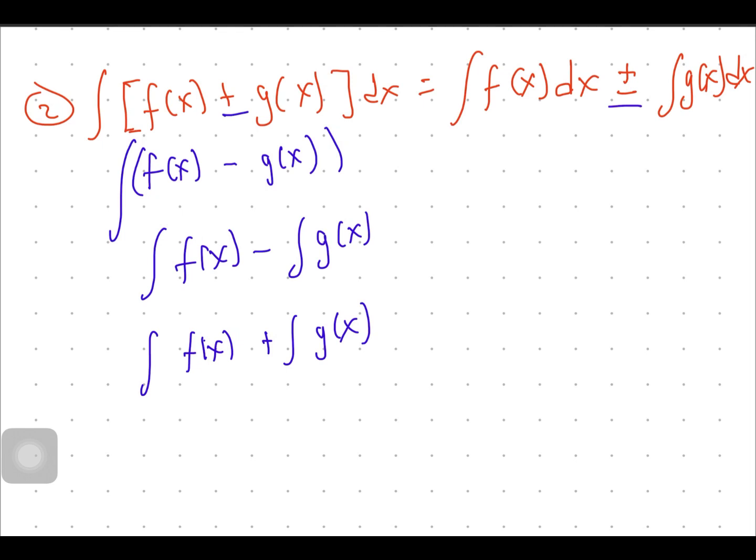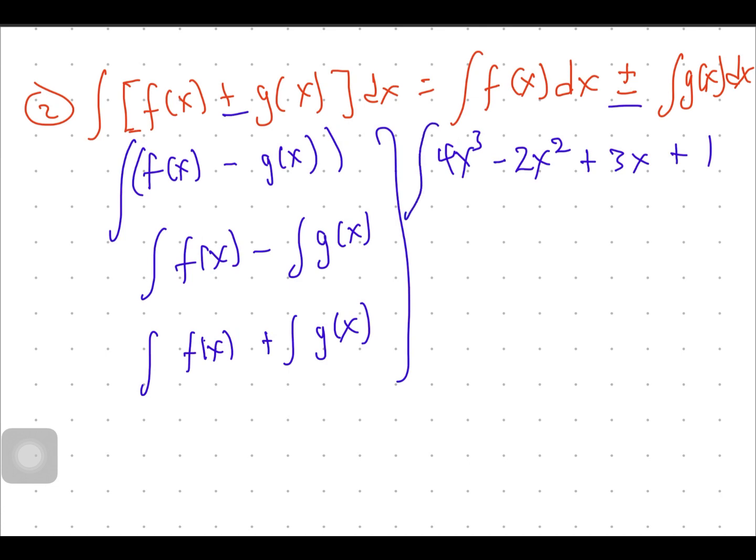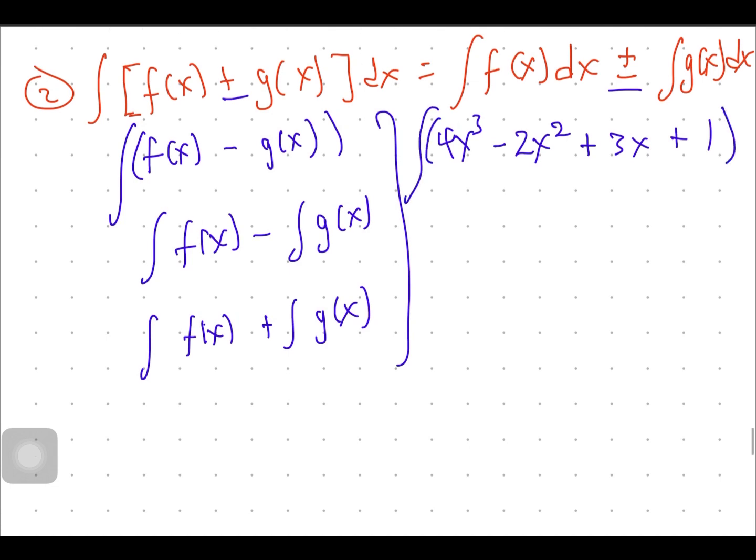So this is what the second property means. This plus or minus can be either plus or minus depending on the function. So for example, when you have 4x power 3 minus 2x power 2 plus 3x plus 1, find the integral of this.